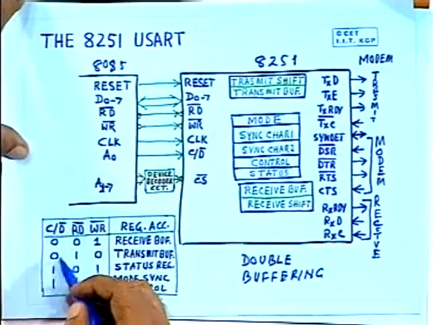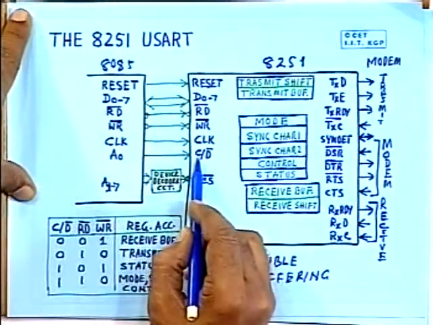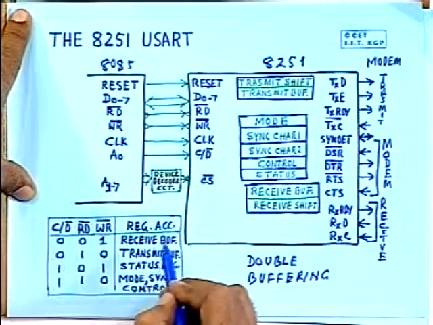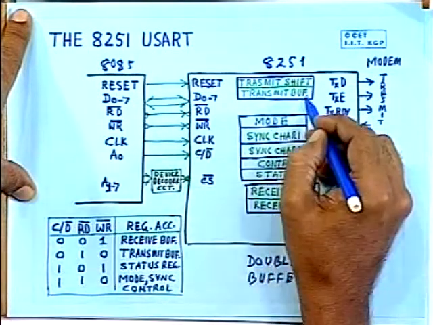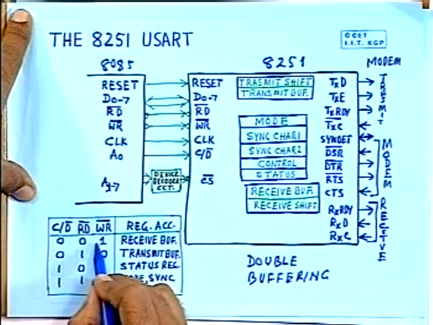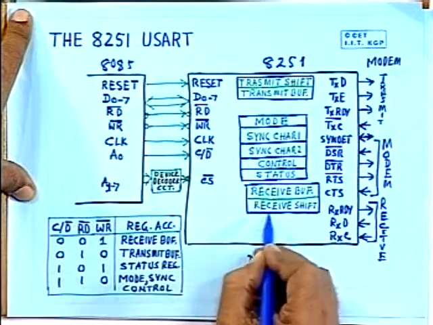To do that, this bit, the C/D bit, command or data, has to be 0, which means it is data. Data means 00: receive buffer or transmit buffer, depending on whether you are reading or writing. When you are reading, it comes from the receive buffer.